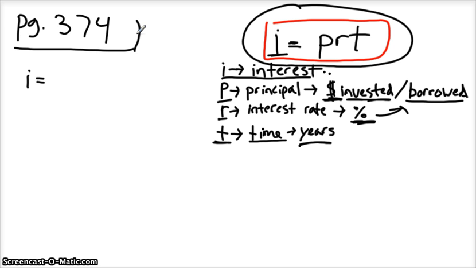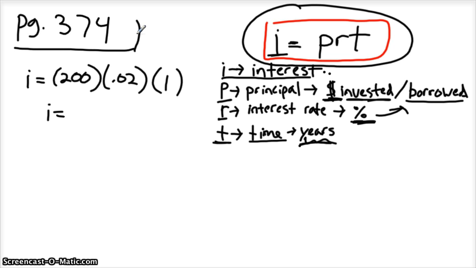We have I started out with 200 bucks, and I'm putting it in parentheses to do the multiplication. We had 2%, so that is 0.02, and I'm just talking about 1 year. Typically you always want to do T as in years, so that's something to watch out for. If we do this math, we end up with I equals $2. Okay? Pretty simple. You're just plugging in numbers and you go from there.